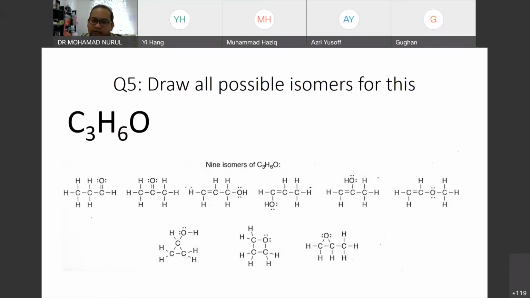You have to try and error by following the octet rules. Bear in mind oxygen can make 2 bonds, with 2 lone pairs of electrons, carbon can make 4 bonds, hydrogen can make 1 bond, and nitrogen can make 3 bonds with 1 pair of electrons. So you should try and error. This is the answer for this kind of question.